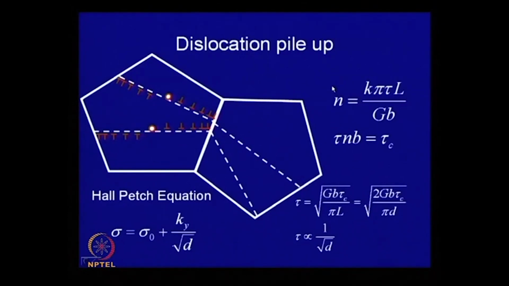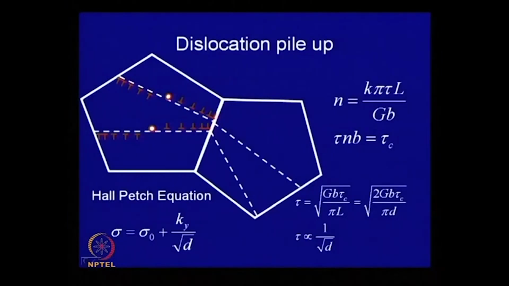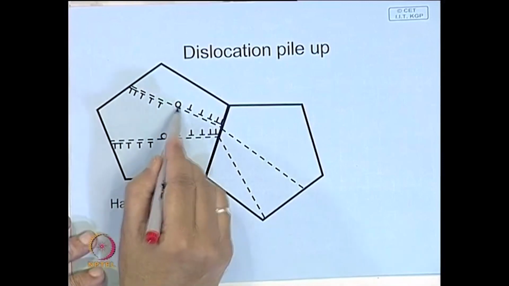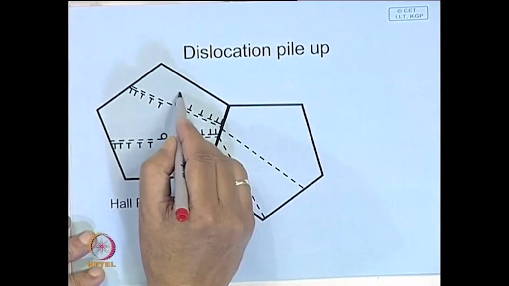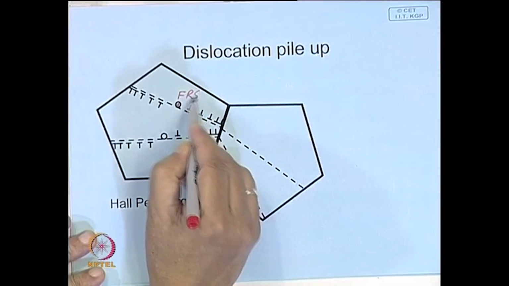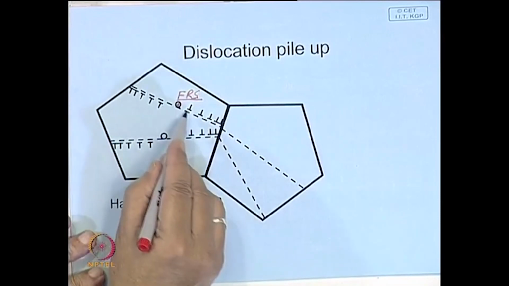Therefore, what happens if this type of dislocation source is operating? They act on a particular plane, and several dislocations are generated. In that case, you will generate a pile up, and a similar situation is shown over here. Here is a Frank-Read source generating dislocations.